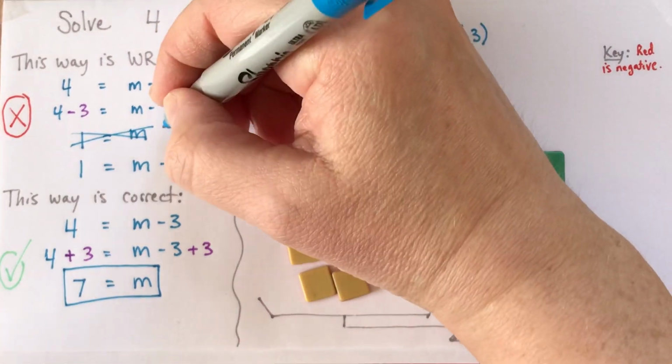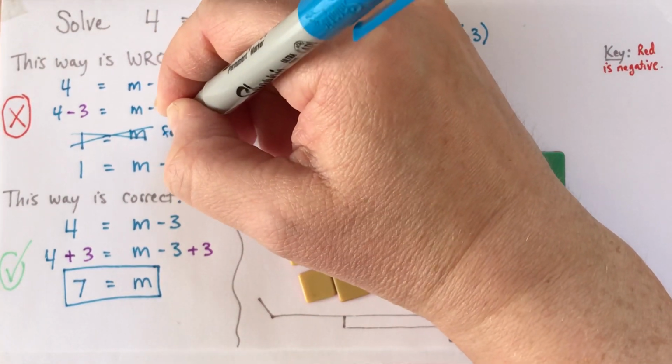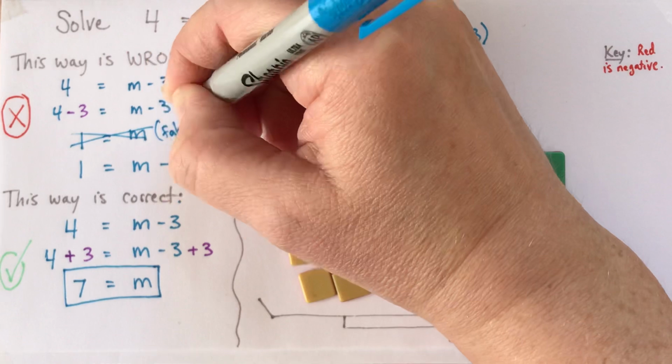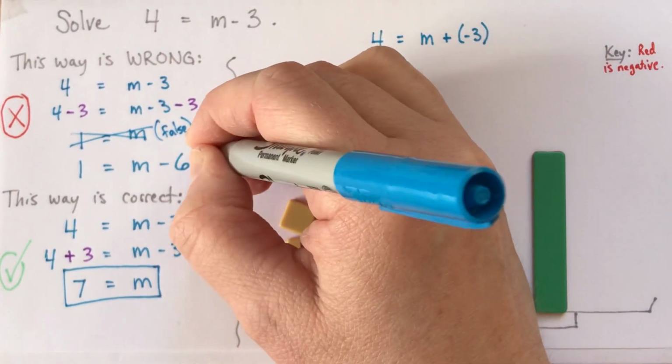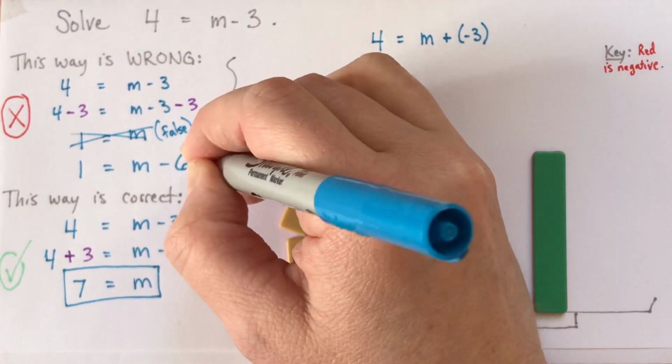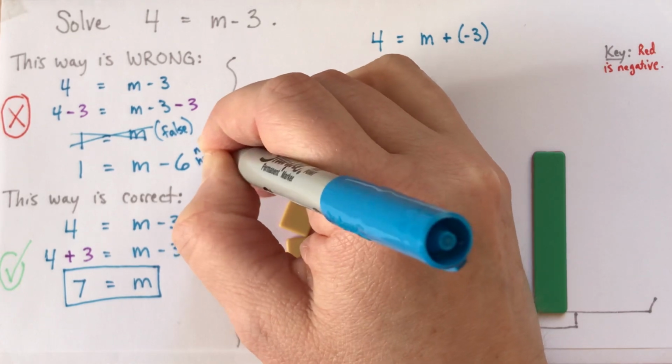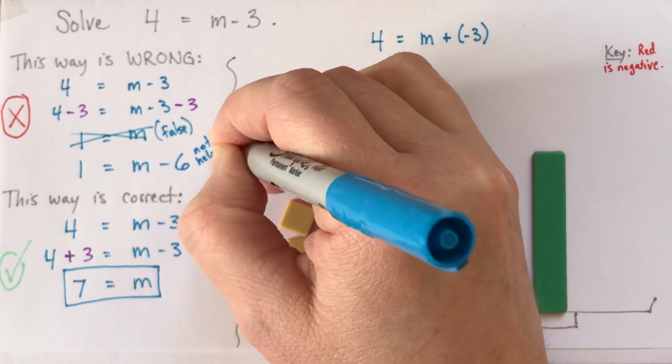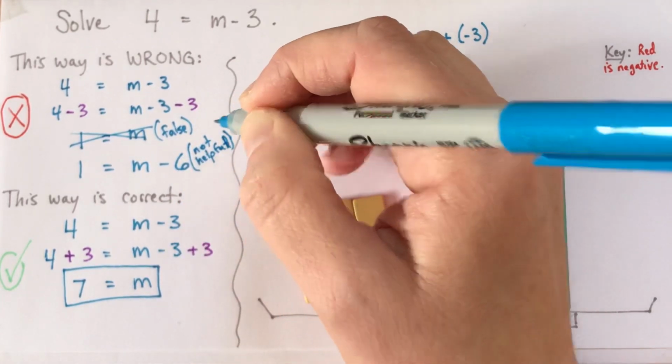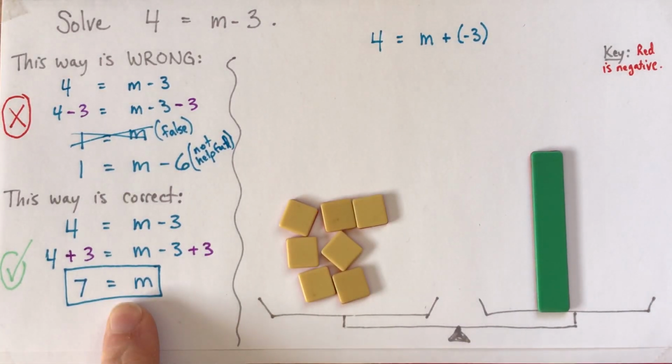So this up here, let's put, this was false. And this here, we discussed, this is just not helpful. This way here is correct. And I don't have much space left on the paper, so maybe we'll do this out loud.